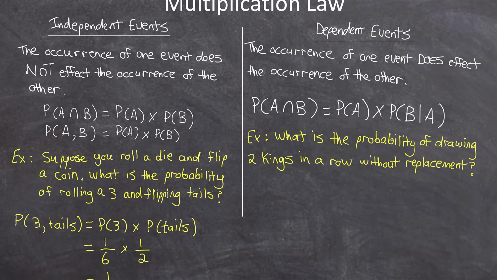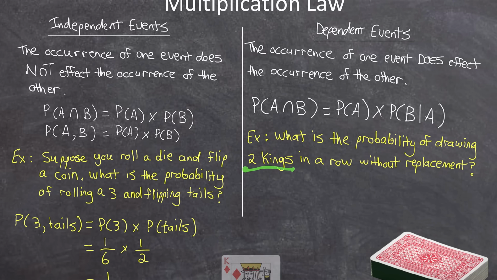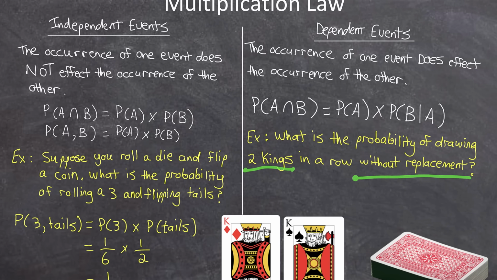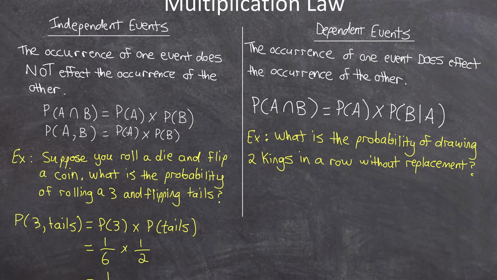The question reads, what is the probability of drawing 2 kings in a row without replacement? So we're trying to figure out the probability of the first card you draw being a king, and the second card you draw is also a king. In probability, when you see the word and, you want to think multiplication.